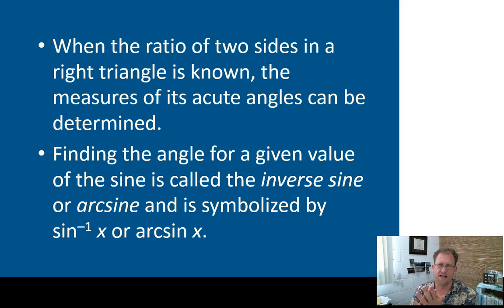Now, just like the backwards of multiplication is division, and the backwards of addition is subtraction, and the backwards of squaring is square rooting, right? The opposite function. Sine, cosine, and tangent all have opposite functions, and we use them. We say sine, and then we'll put a -1 in the exponent.